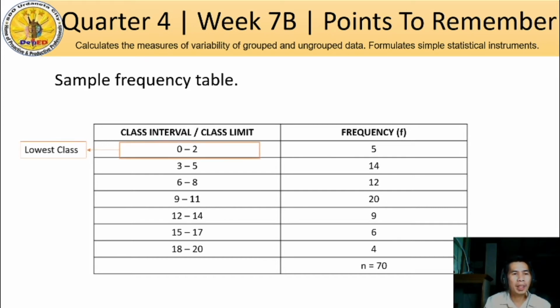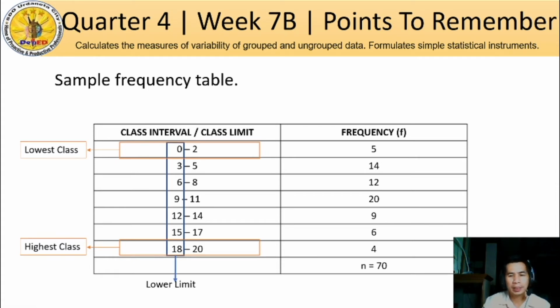So, ano ba yung mga parts natin? So, this is the lowest class kasi ang tawag natin dito sa mga ito is classes. Kaya nga sa class interval or class limit. Okay? Classes. So, this is your lowest class and we have also your highest class. Okay? Meron din tayong tinatawag na the lower limits.